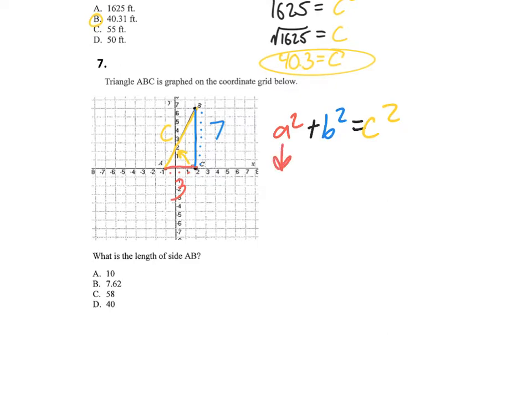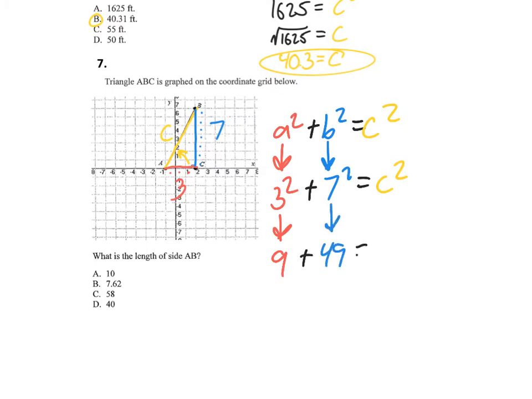A we just said is 3, so 3 squared. B squared is going to be 7 squared, where B came from, and again C squared. 3 squared is 9, 7 squared is 49. Now I'm going to add both of these, and I get 58.